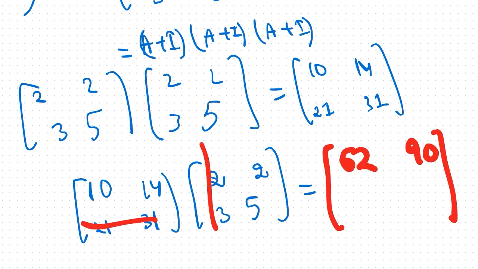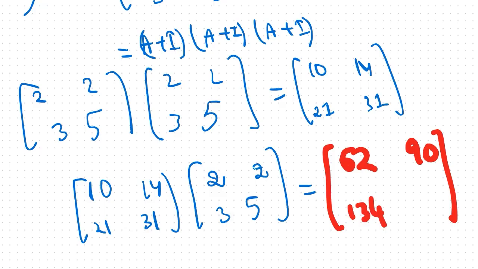See, horizontal, vertical, horizontal, vertical. Horizontal from the left, vertical from the right. 42 plus 93 is 135.